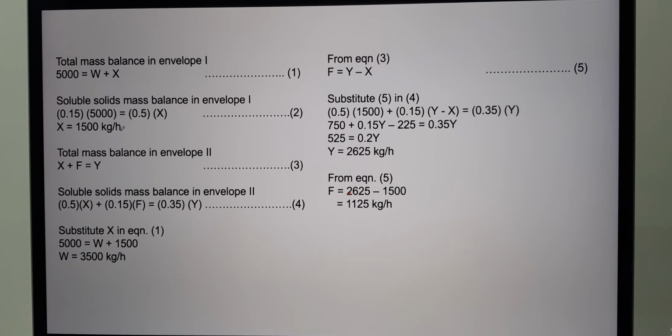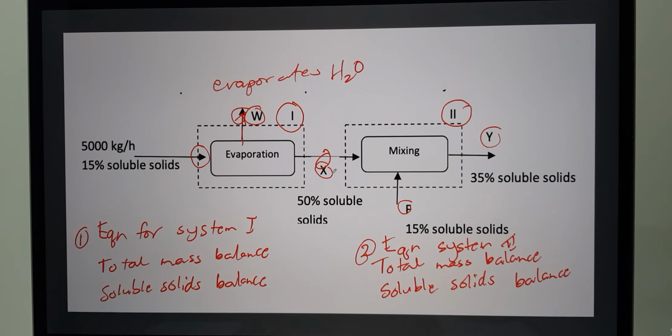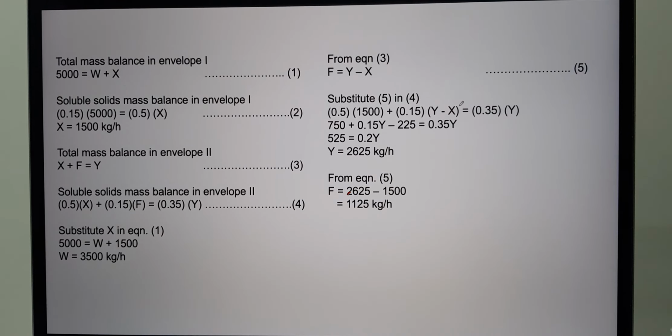See, you already solved one problem. And then we move on to system number 2. We have X as inlet, F as inlet, and Y as the outlet. So X plus F, this inlet, equals Y. This is equation number 3.